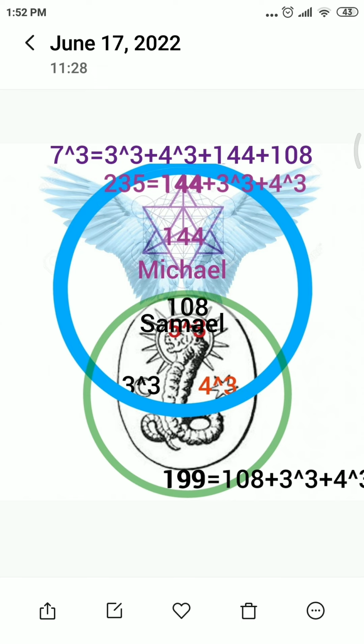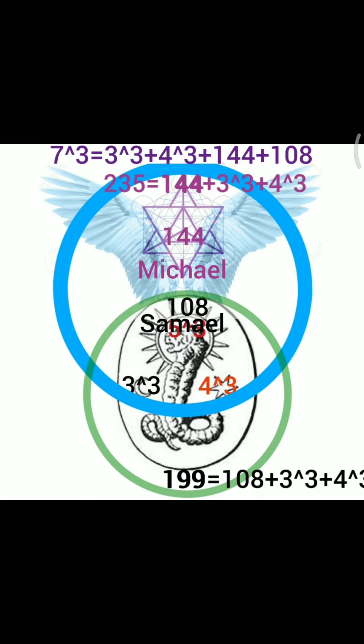Michael is all alone. There is no other name for Michael. He is the face of God, the God-like angel. But when it comes to the evil side of the system, the evil angel, we have 3 different names. 108 is Samael, 125 is Yaldabath, and then we have 216.